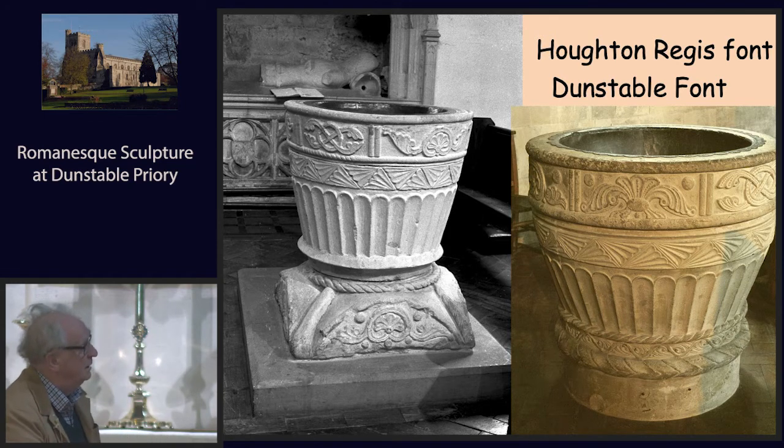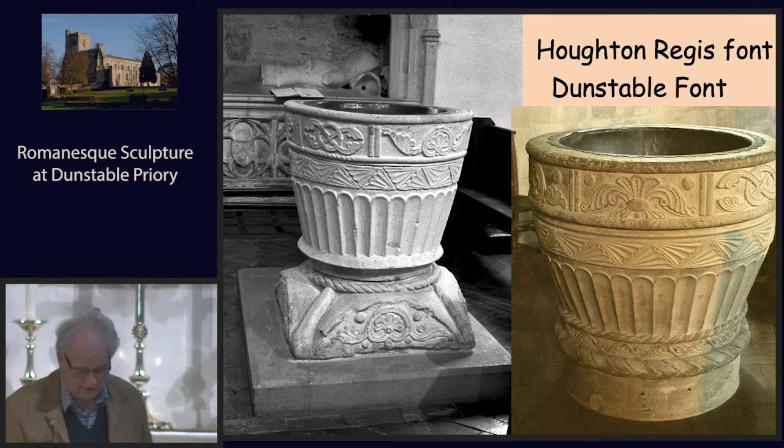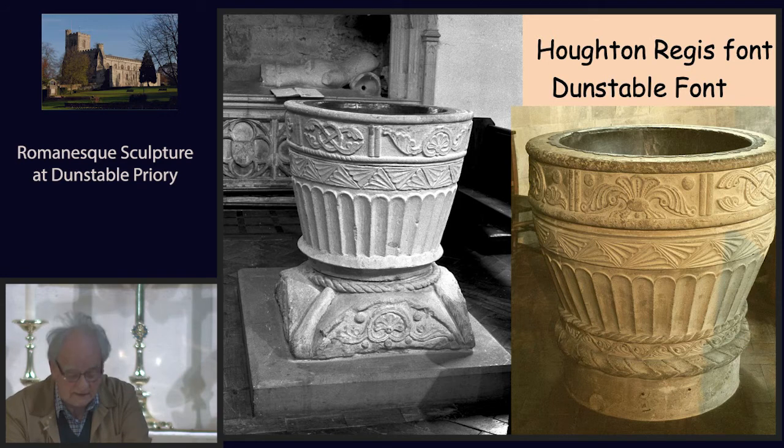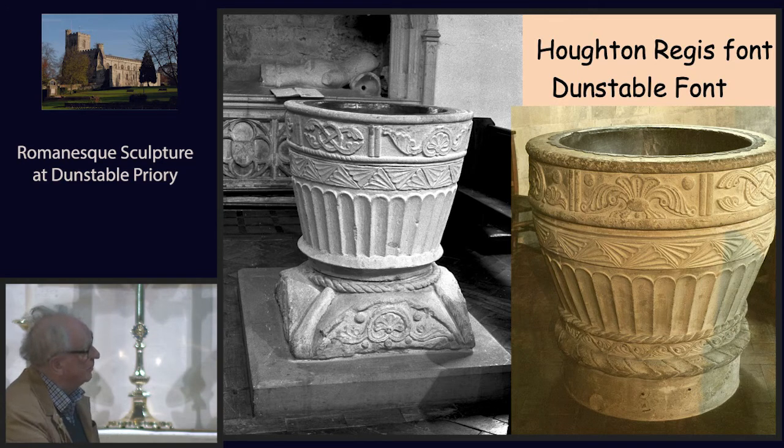Here are Houghton Regis and Dunstable side by side. The decorations below the rim are identical, as are the paired vertical rolls dividing this top register there and there, these paired rolls.